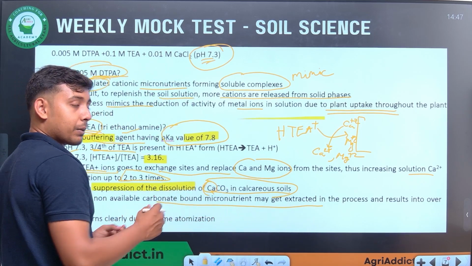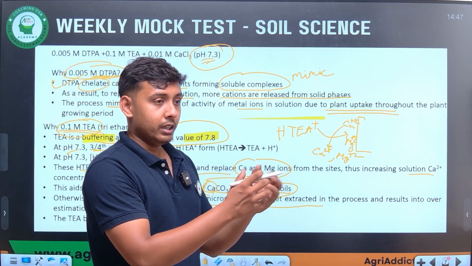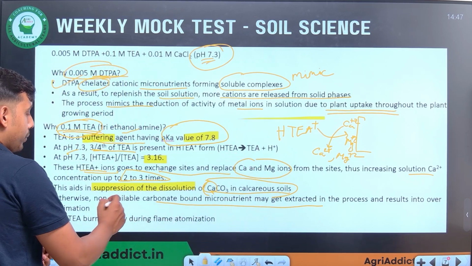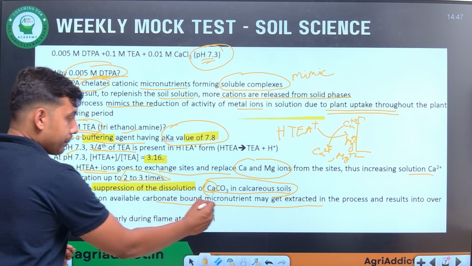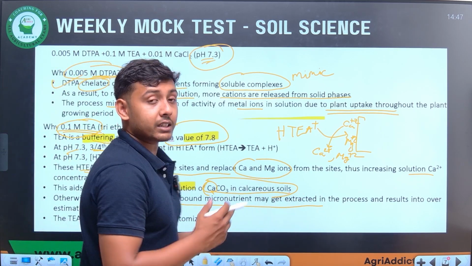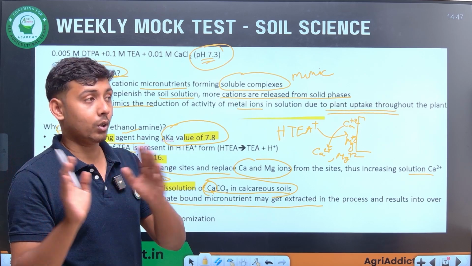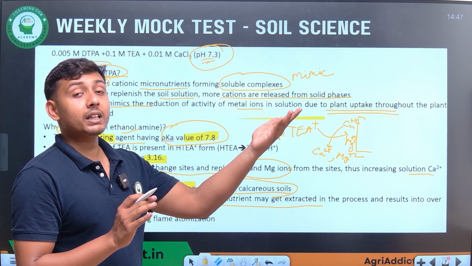If calcium carbonate gets dissolved in the soil solution, then what will happen? The carbonate-bound micronutrient can be extracted, and the carbonate-bound micronutrient is actually not taken up by the plants.